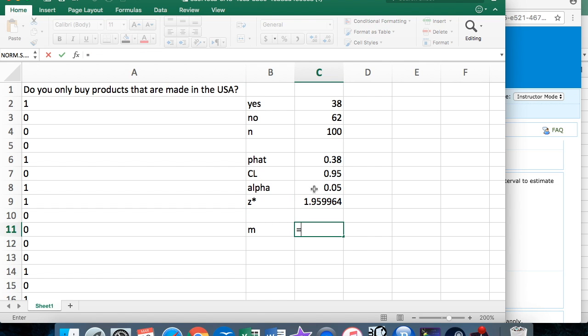Okay, so our margin of error here would be your z times the square root of p hat times 1 minus p hat. Then you divide, so this is our numerator, right? Divide by your n, which is our 100.